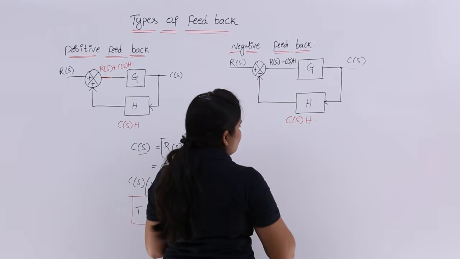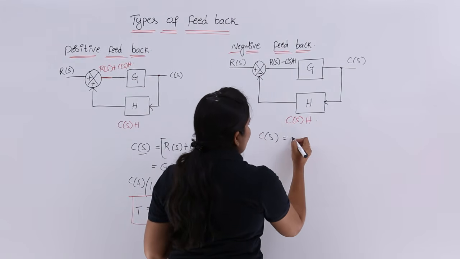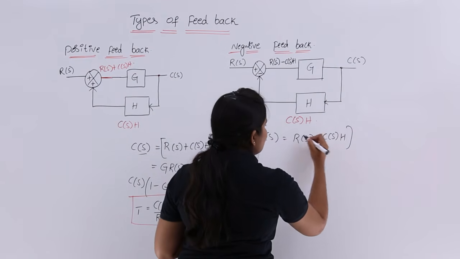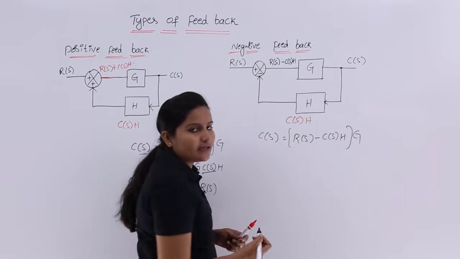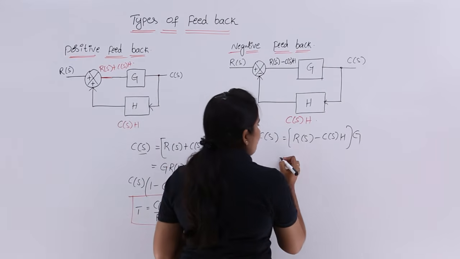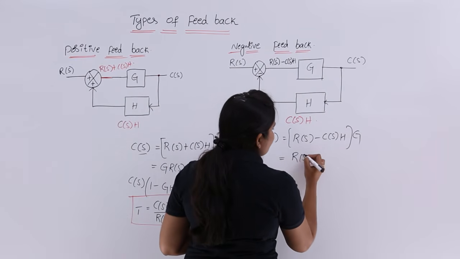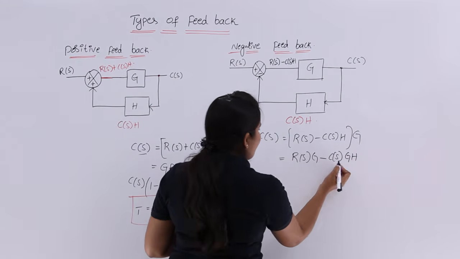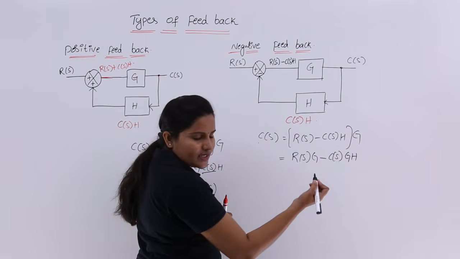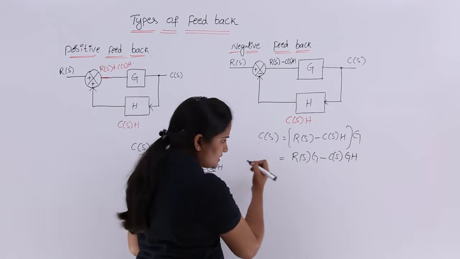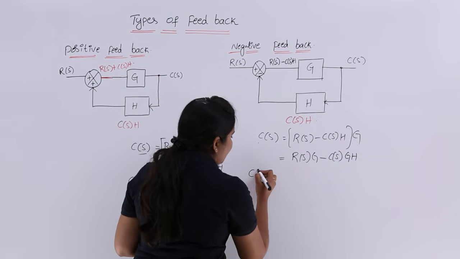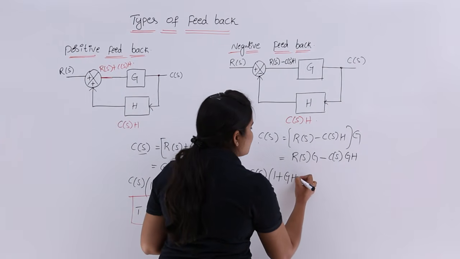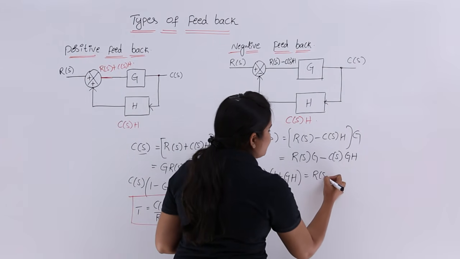C of S is equivalent to R of S minus C of S into H, into G. We need to multiply by that gain this time. So this is equivalent to R of S into G minus C of S into GH. We have C of S on this side also, so I am sending the total C of S to the left side and taking C of S common. I get 1 plus GH times C of S is equivalent to R of S into G.